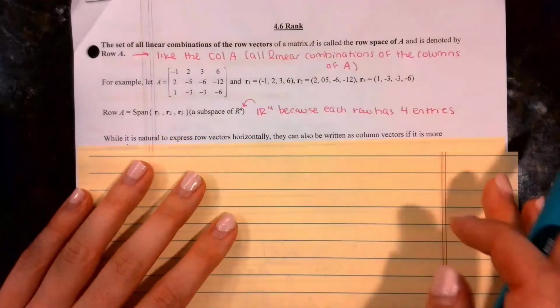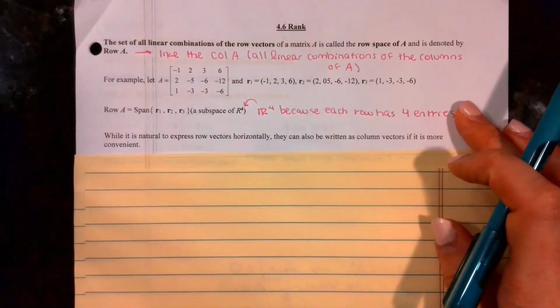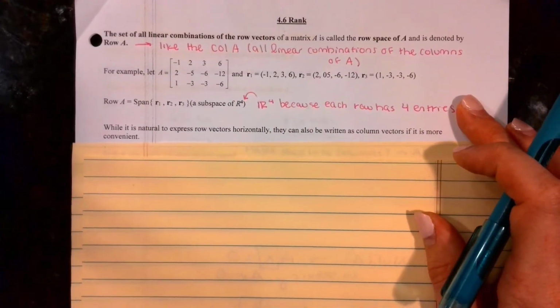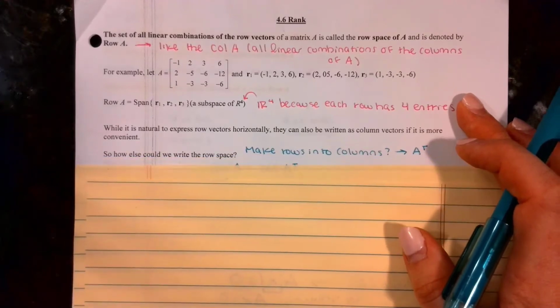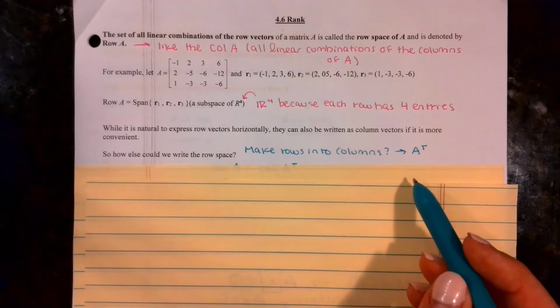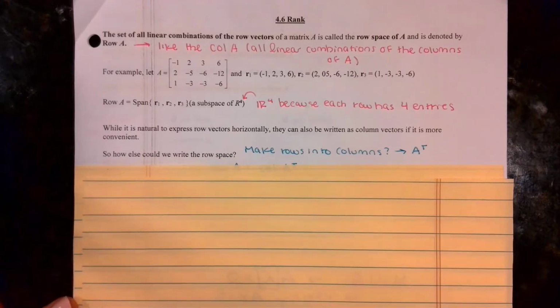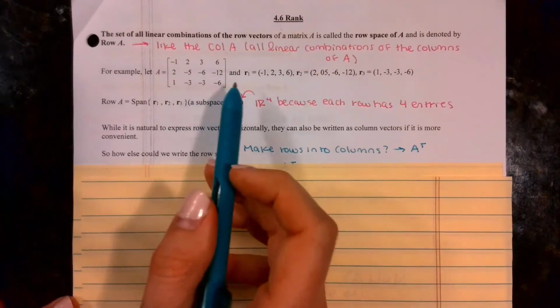Okay, so again, we can write row vectors horizontally, but they could be written as columns if it's more convenient, and we can do that by making the rows into columns by using a transpose. Okay, so just transposing the matrix, so the transpose of this matrix here would be a 4 by 3 matrix.